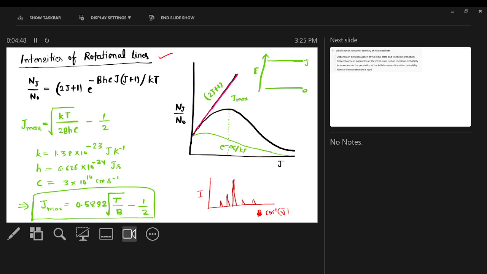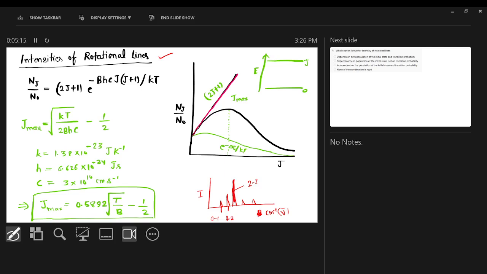We tried to see how the intensity depends. Let's say this rotational line is coming from the 0 to 1 transition, this from the 1 to 2 transition, that is J equal to 1 to J equal to 2, this from 2 to 3, and so on. The intensity of this line is higher.